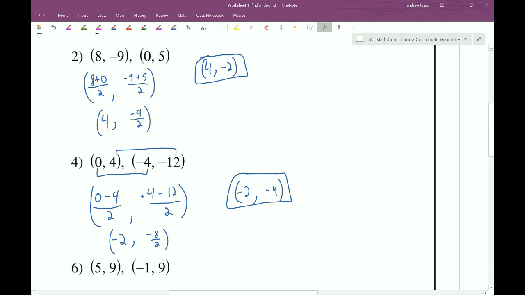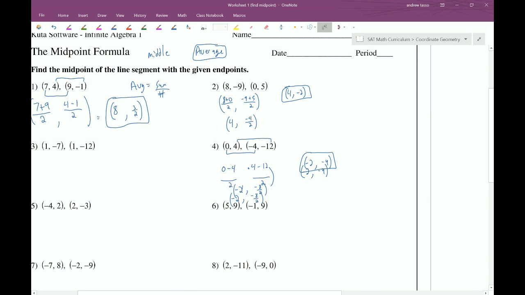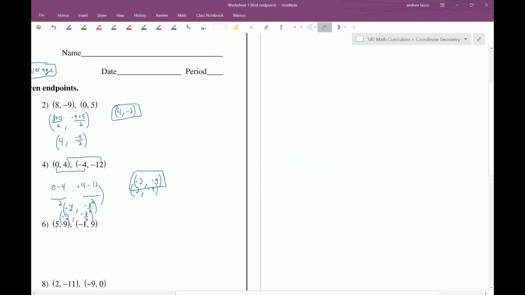Now, you might ask, where would this come up in a SAT question? There's one place where it's quite common, and that's with circles. For example, if they give you 2 endpoints of a circle, they might ask you for the middle. It doesn't have to be a circle, but it could be anything where you know the endpoints and you want to find the middle.